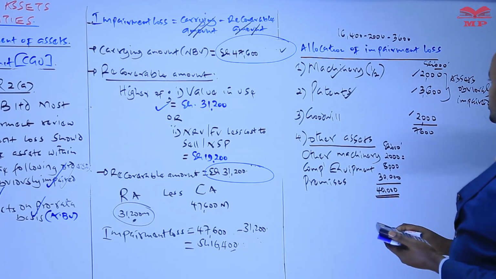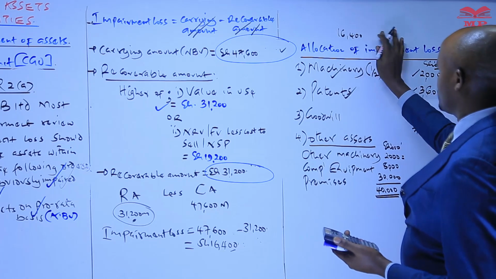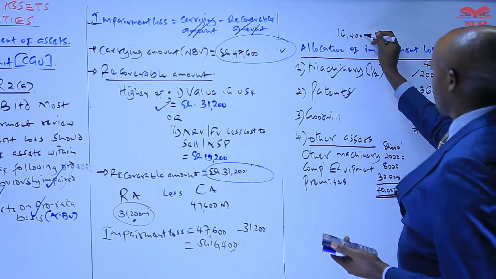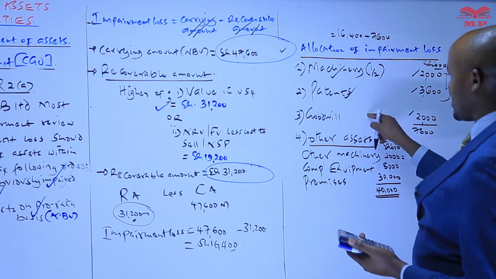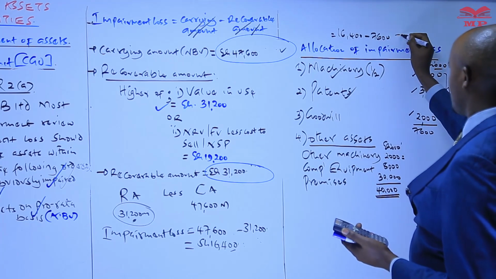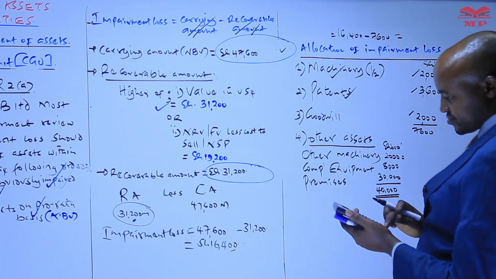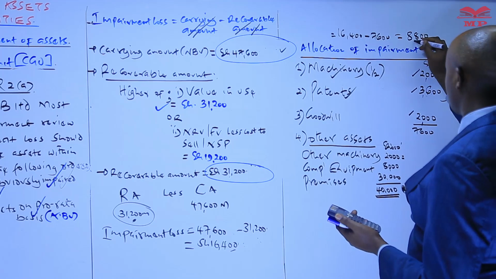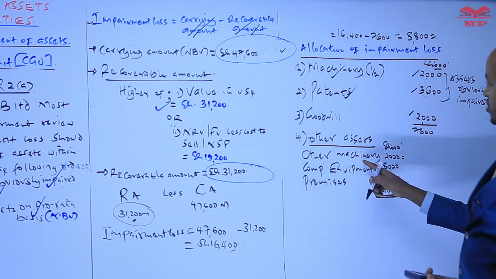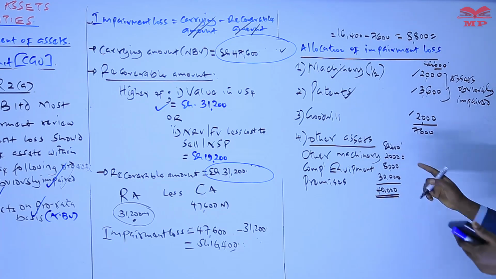So the impairment loss to be allocated will be equal to the total impairment loss minus the impairment loss allocated to these three assets, 76, and the remaining impairment loss will be what? It will be 800, or 8.8. So this impairment loss will be allocated to these three assets based on their net book value, based on their carrying amount.